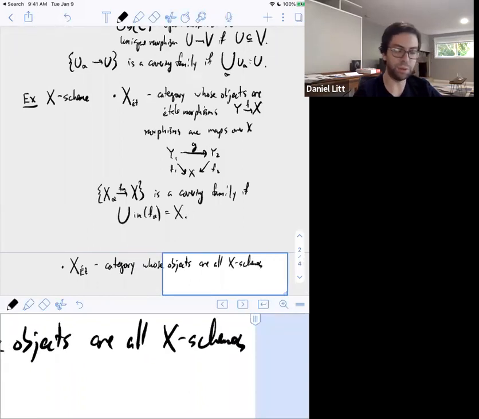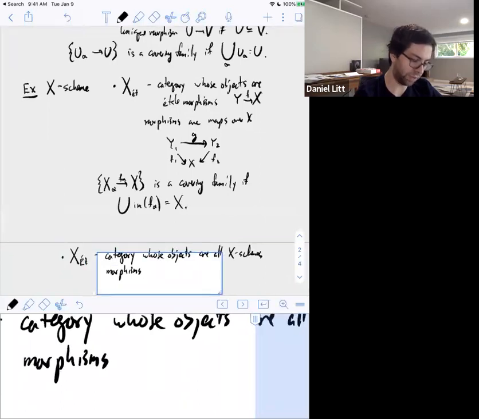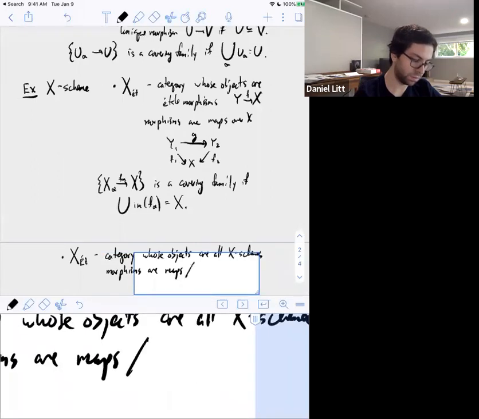So that just means a scheme with a map to X. That map is not required to be Étale anymore. So again, morphisms are going to be maps over X. So the underlying category is just the over category, the category of schemes over X.